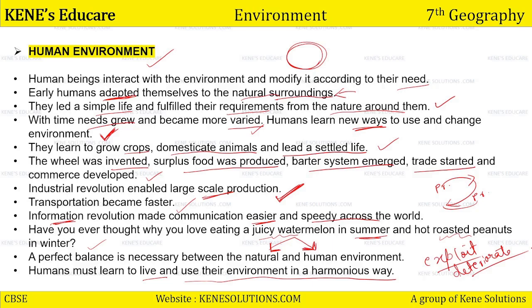So human environment needs to interact well and cooperate well enough with the natural environment. Only then a balance will be created, and then only humanity can be survived and can lead a settled life for a very long period of time. Otherwise, our environment will get destroyed and humans will not be able to live on this planet. Okay.